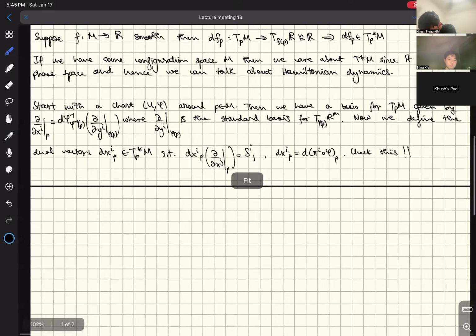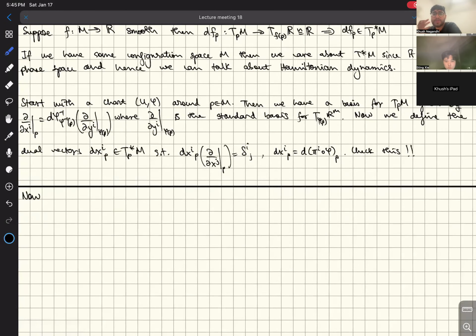Now, the main defining property of the tangent bundle was not only that its fibers are the tangent spaces, but also how this structure interacts in a change of coordinates.